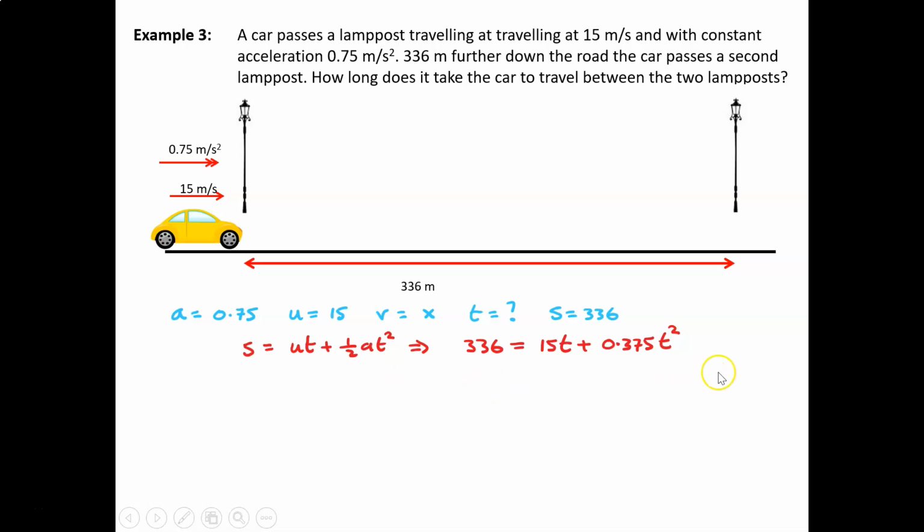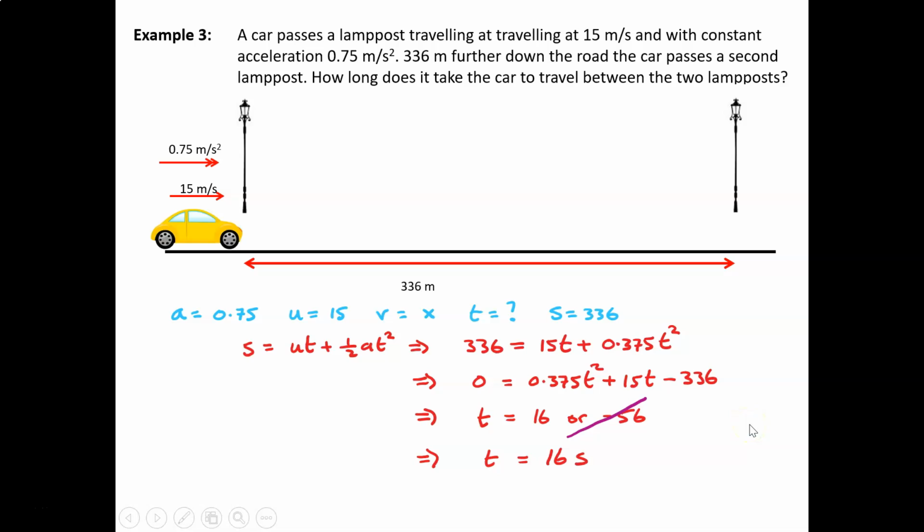Now we have a quadratic in t. So we need to get the terms in order and equal to 0. And either use a formula or your calculator and you get t is equal to 16 or minus 56. We don't want the negative time, so we've got t is equal to 16 seconds to travel between the two lampposts.